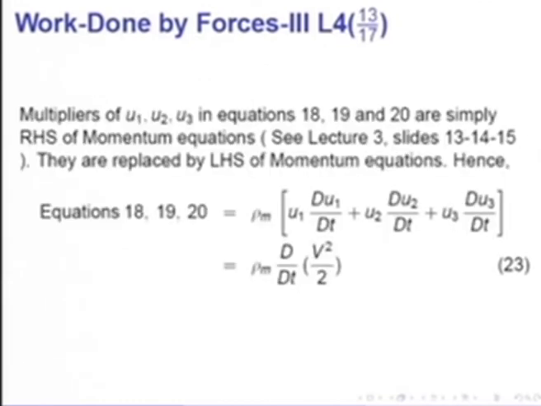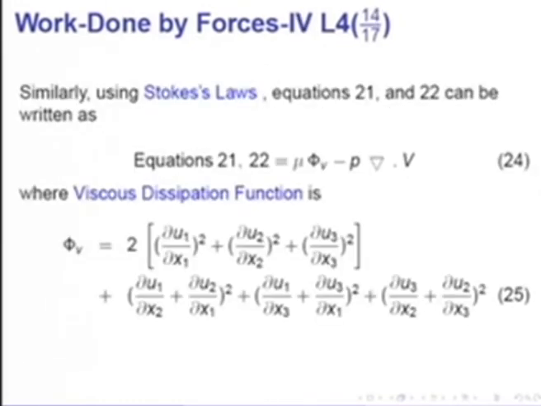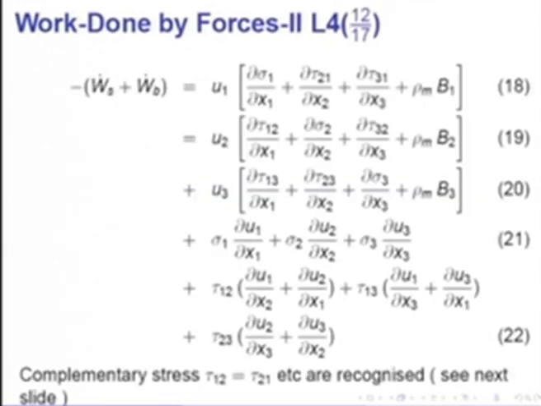Now, we look at the remaining terms. So, if I replace sigma 1 by minus p plus tau 11, sigma 2 as minus p plus tau 22 and sigma 3 as minus p plus tau 33, and tau 12 as mu times du1 by dx2 plus du2 by dx1, and so on and so forth.